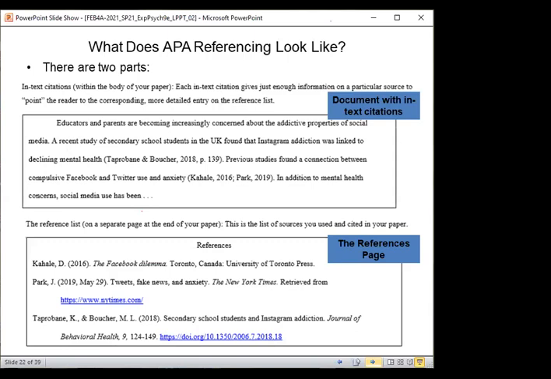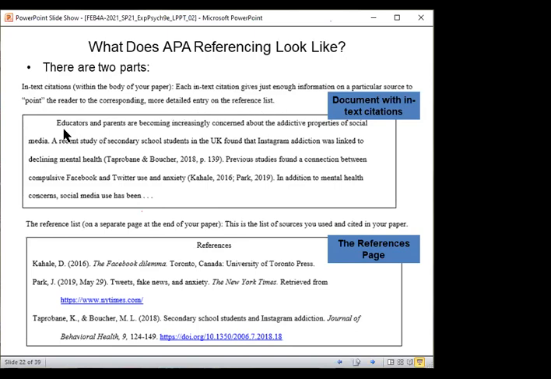All right, getting to the meat of it here. Okay, so what does APA referencing look like? Here is a couple of ideas I want to make sure we understand. First, we have the in-text citation within the body of your paper, okay? And that's what we see here. It gives just enough information on a particular source to point the reader to the corresponding more detailed entry in the reference list.